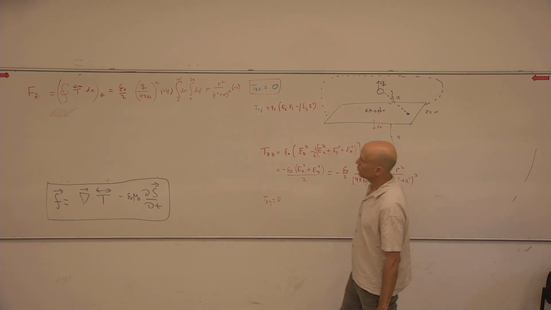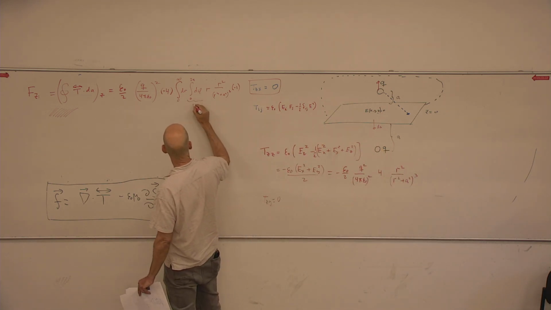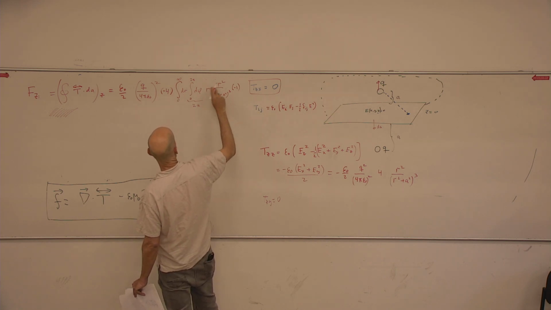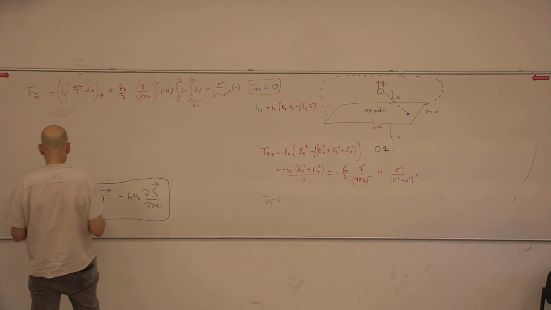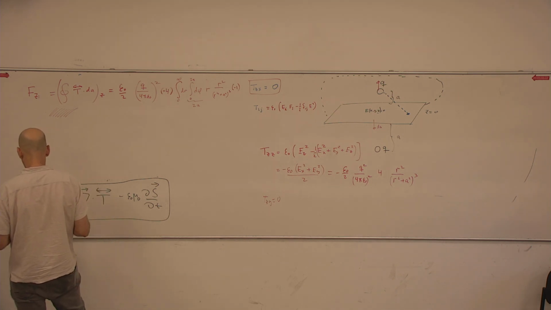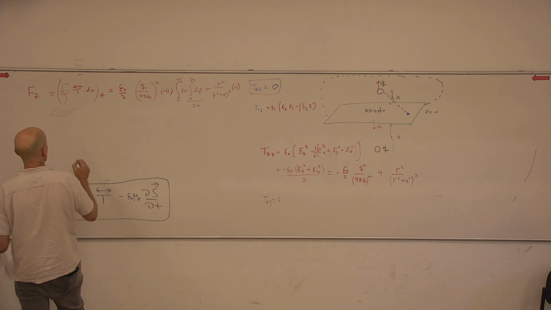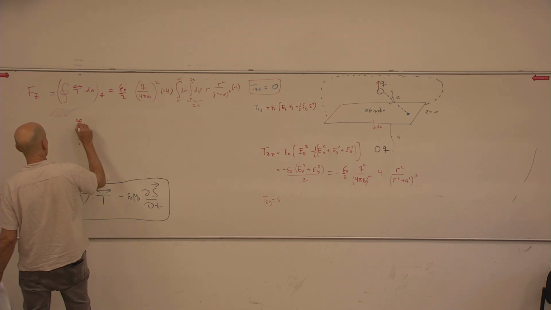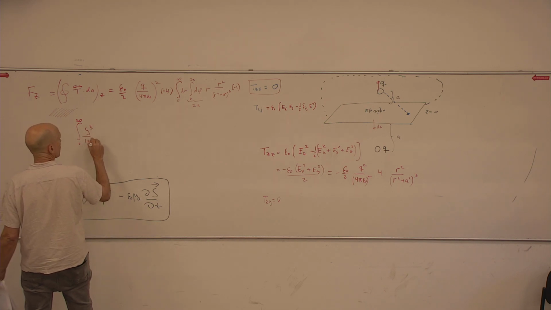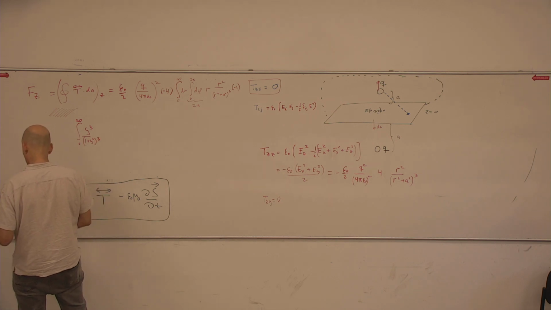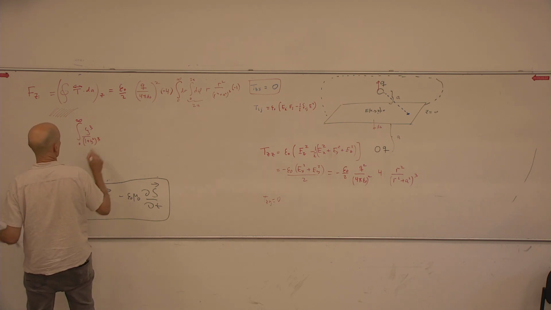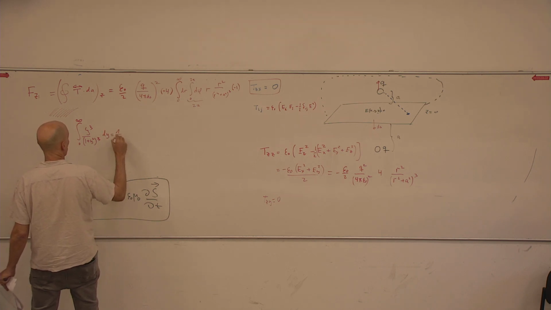Now, this integral just gives you 2 pi. And here I have r to the 3 and this integral. So, yeah, we need to look up an integral. Let me give you the integral. The integral from 0 to infinity of y to the 3 over 1 plus y squared to the power 3 dy is 1 over 4.